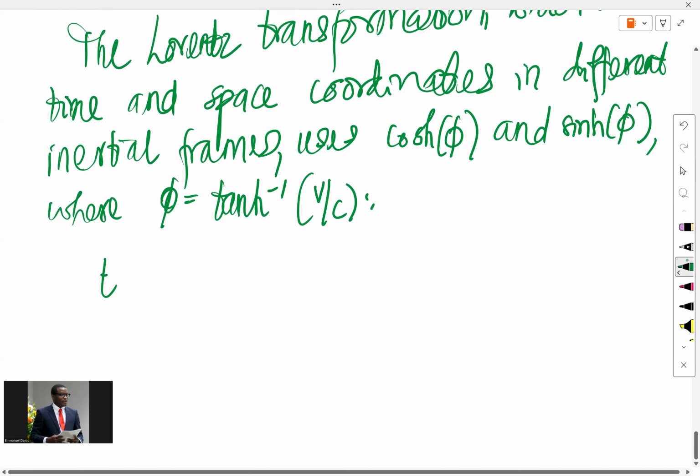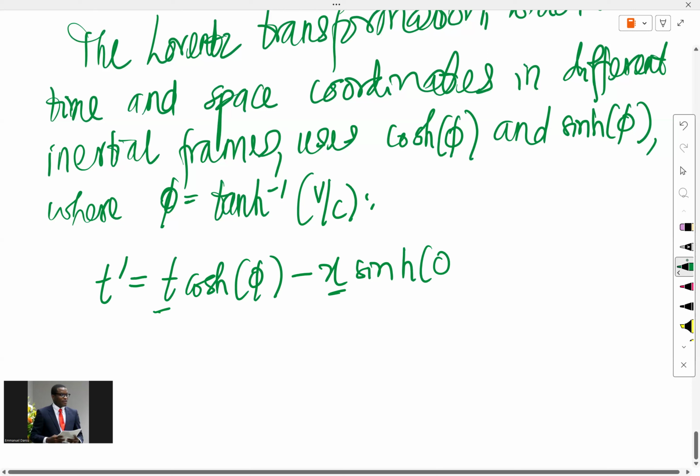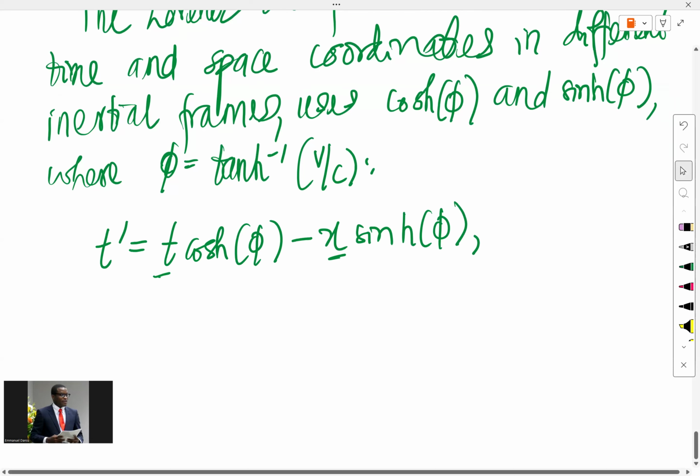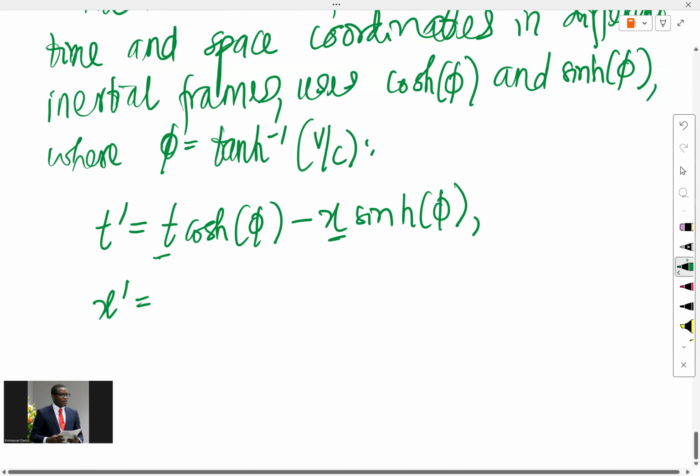T prime is equal to T cos phi minus X sin phi. Now we're talking about time and space. So T for time, X for space. And then we have X prime equal to minus T sin phi plus X cos phi.